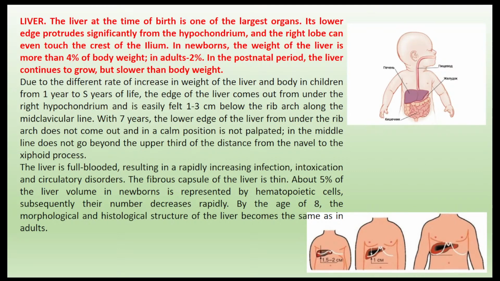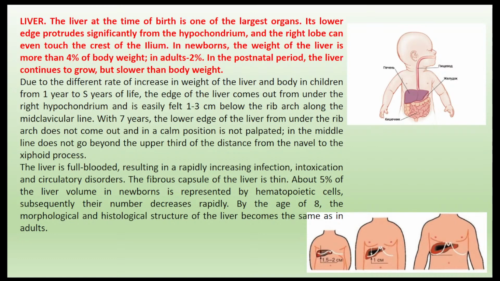By 7 years, the lower edge of the liver does not come out from under the rib arch and in a calm position is not palpated. In the midline, it does not go beyond the upper third of the distance from the navel to the xiphoid process.